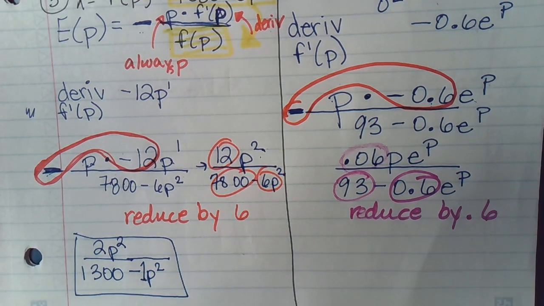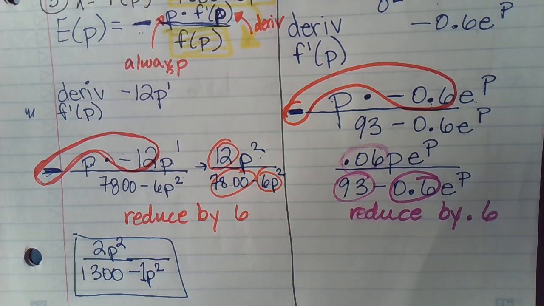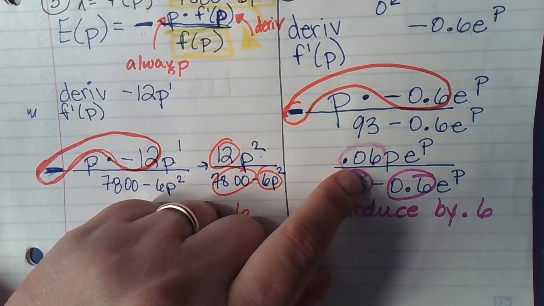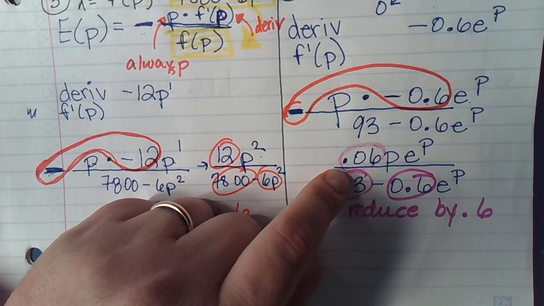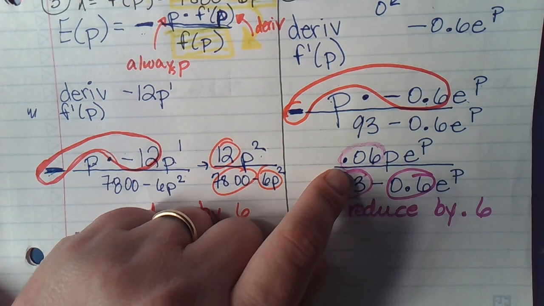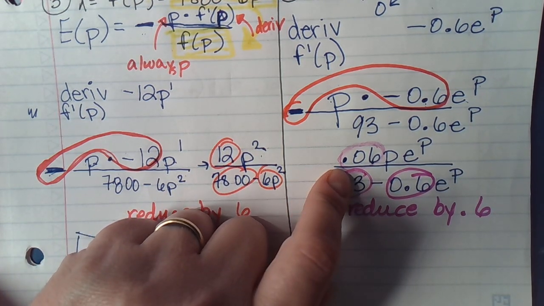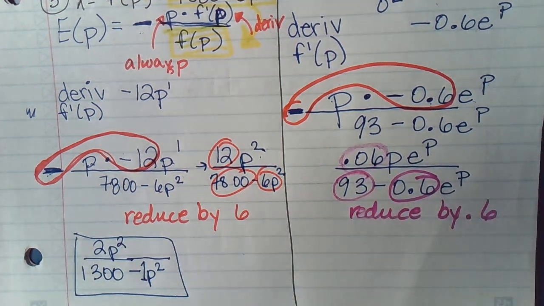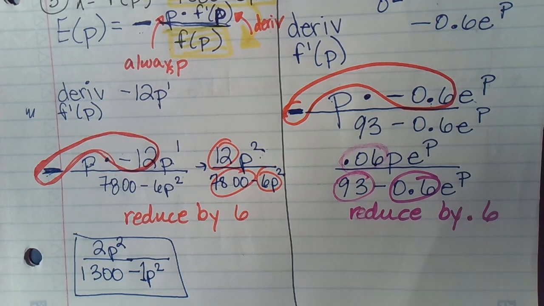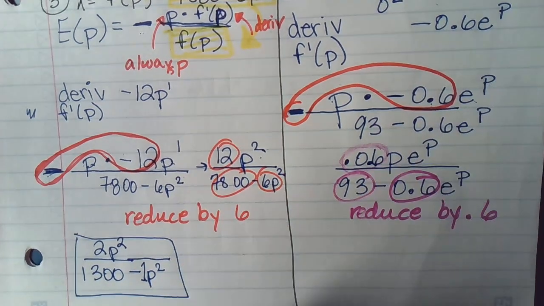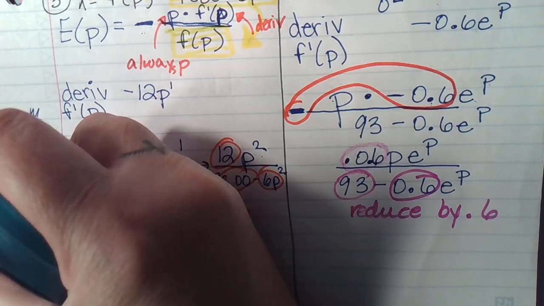Oh, my bad. I think this dot's in the wrong spot. Yeah, on the top, it's supposed to be 0.6. I wrote 0.06.